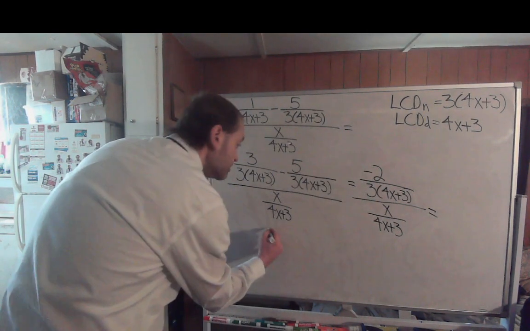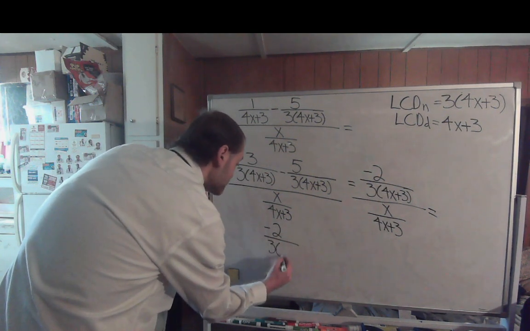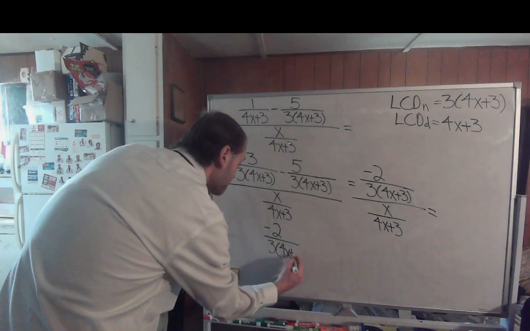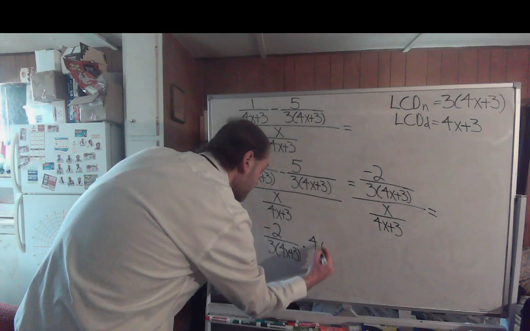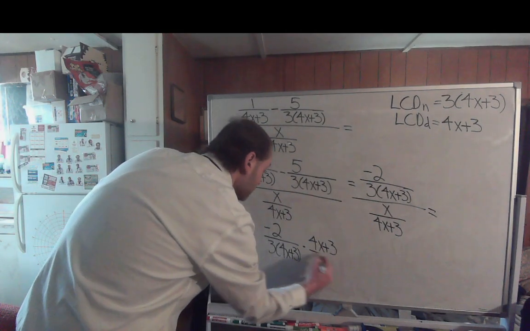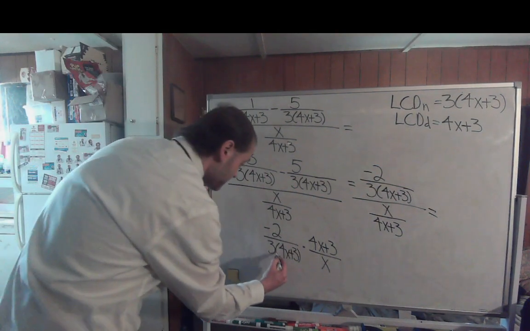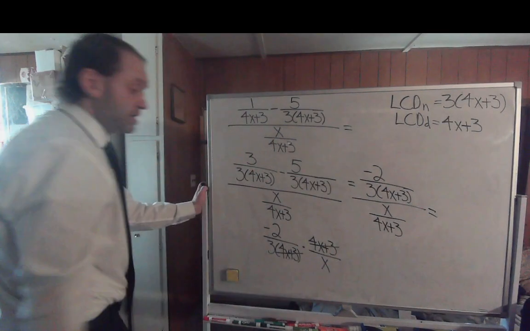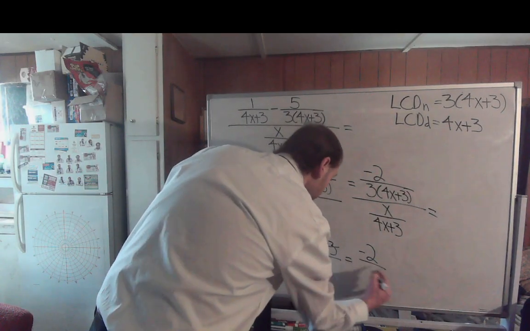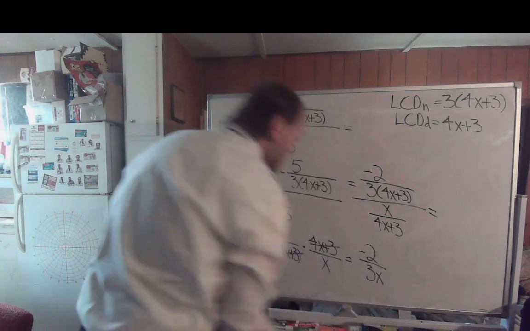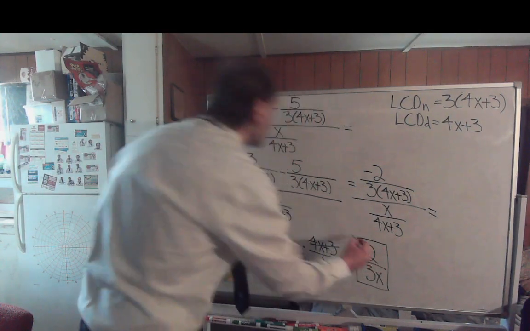This will turn into negative 2 over 3 times 4x plus 3 times that 4x plus 3 all over x. Well, notice something. Your 4x plus 3's will cancel out. This is going to simplify into negative 2 over 3x. That would be your end result, negative 2 over 3x.